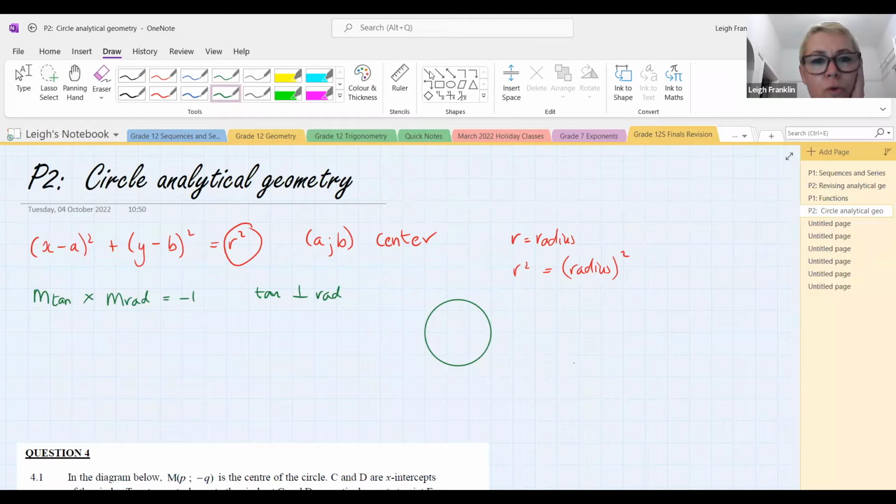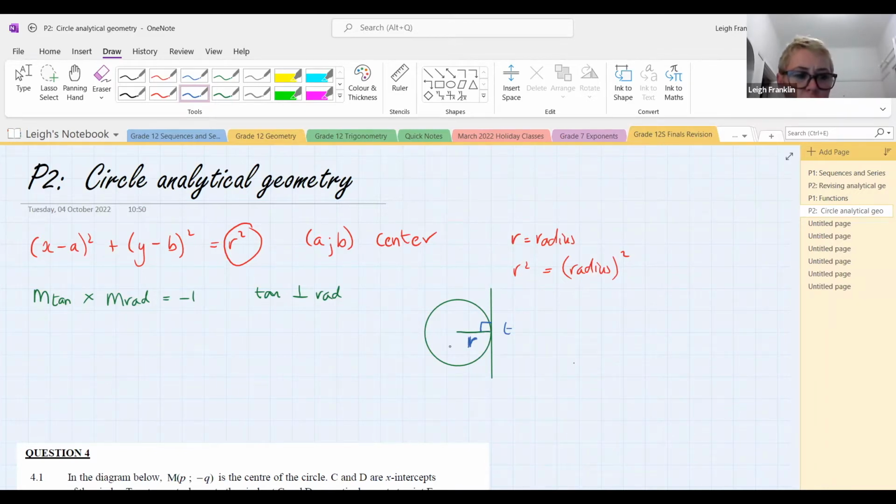Let's draw a radius from the center, and then draw a tangent to the circle. Over here, there is always going to be a 90-degree corner. So there's your radius, here's your tangent. When we multiply the gradient of these two, we're always going to end up with -1.